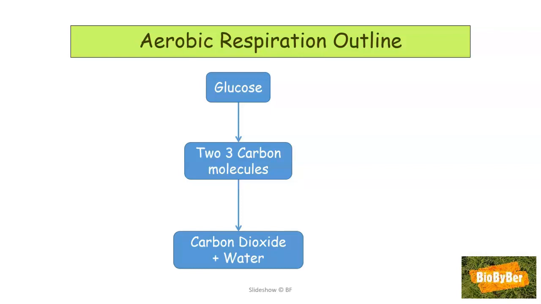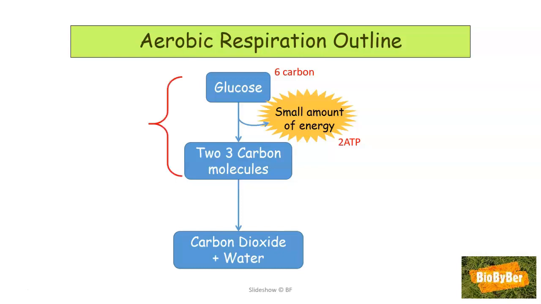In aerobic respiration, glucose, which is a 6-carbon chemical or molecule, is broken down to 2 3-carbon molecules, releasing a small amount of energy, 2 ATPs to be precise. This stage is referred to as a stage 1 process and takes place in the cytosol of the cell.